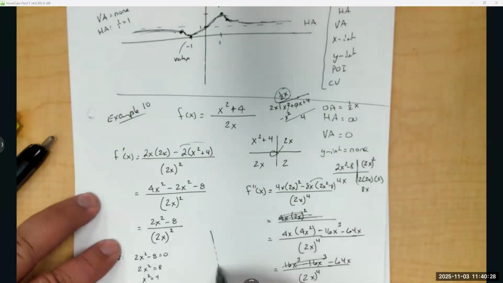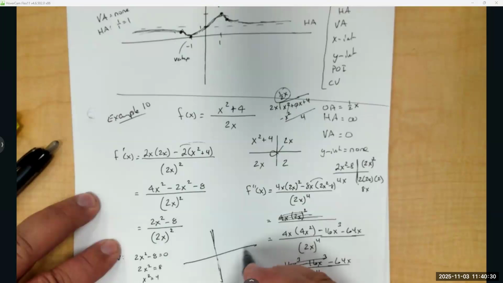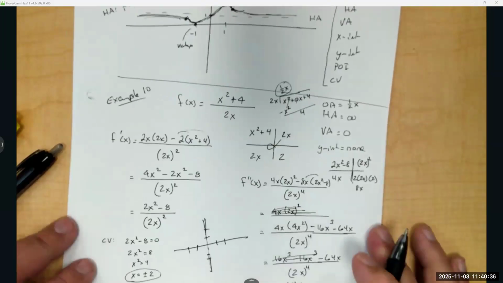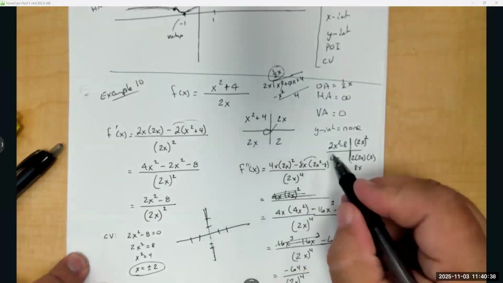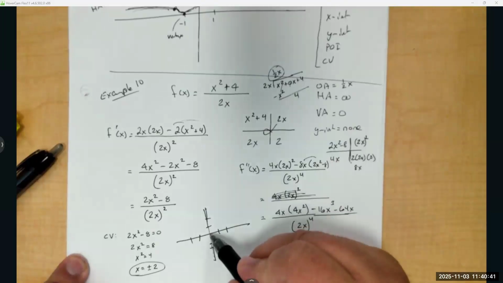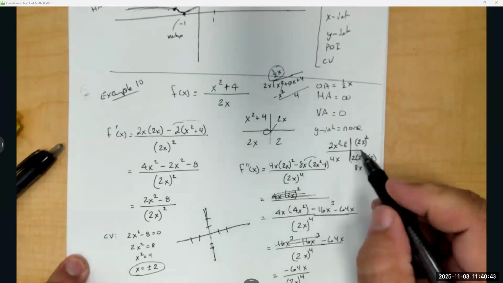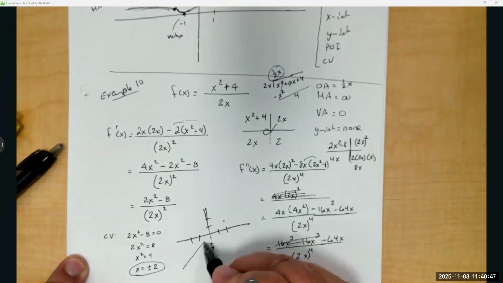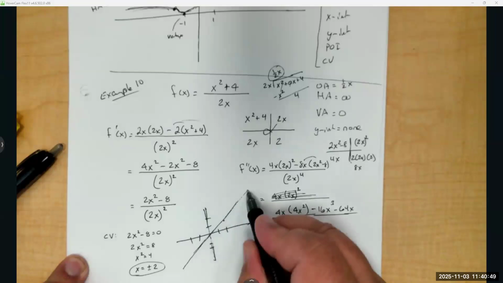So the only thing we know about our graph so far is, since it's an oblique asymptote, it starts from the origin, up 1 over 2. That's all we know about our graph.